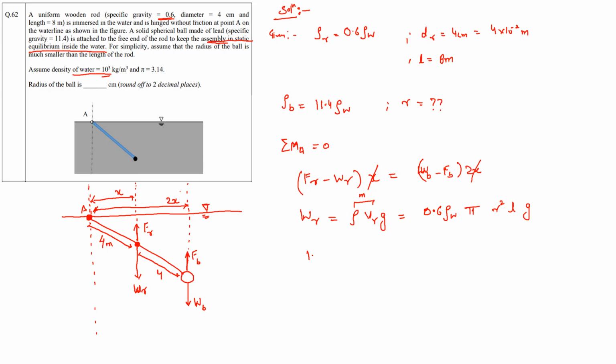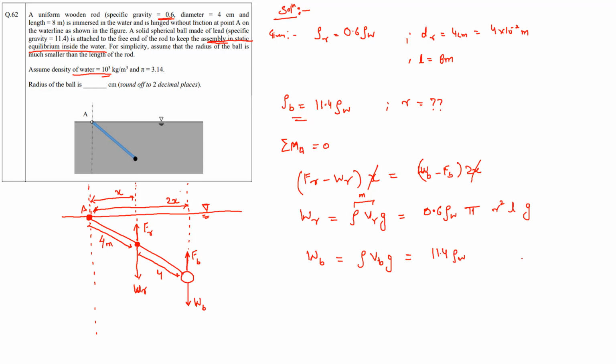Similarly, we can also calculate the weight of the ball. That will be the density of the ball times the volume of the ball times g. The density of the ball is given as 11.4 times the density of water.